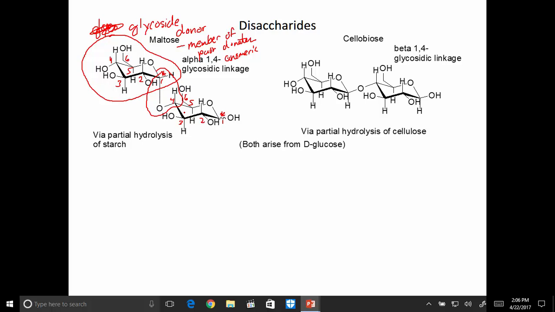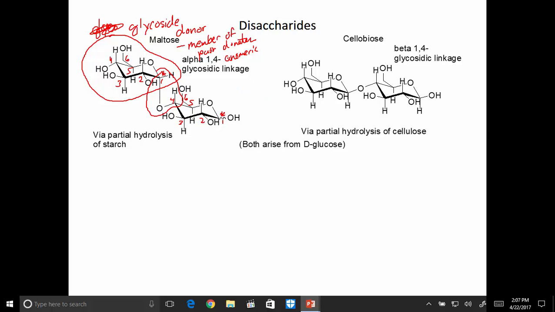The other monosaccharide is going to be referred to as the glycoside acceptor. It's really just the part of the glycoside linkage that is not the glycoside donor. In polysaccharides and disaccharides, the glycoside acceptor is going to be a monosaccharide, but the glycoside acceptor can be a variety of other things as well, or just a simple R group if that's all there is.